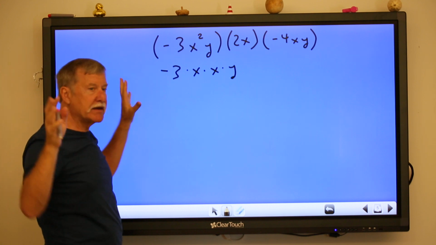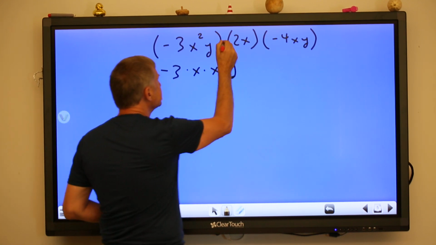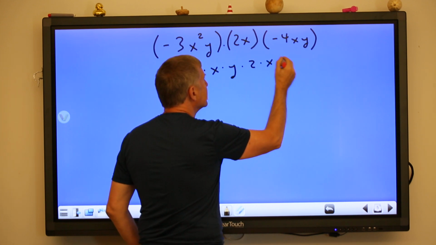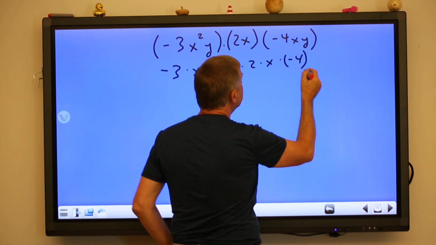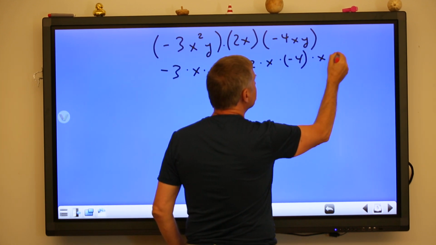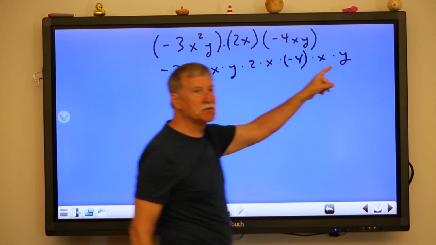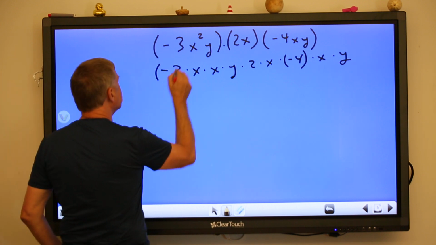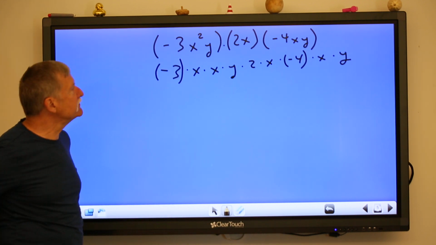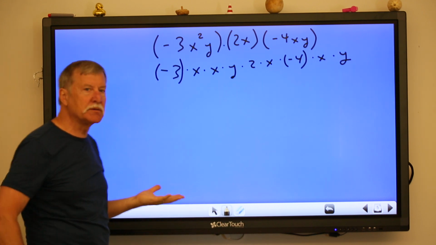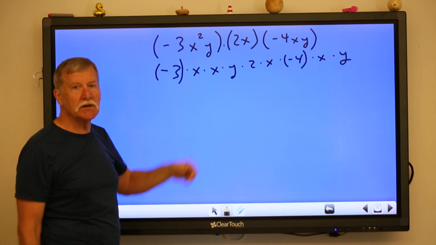I'm just blowing it up here. And now that's times, right here, 2 times x times minus 4 times x times y. You see that? This is just one long multiplication problem. And these minus signs are not subtraction, it's multiplication. All right? Everything's getting multiplied, which means that's just one long term.